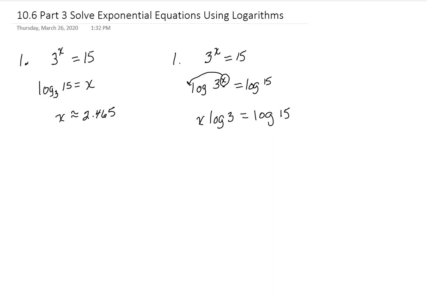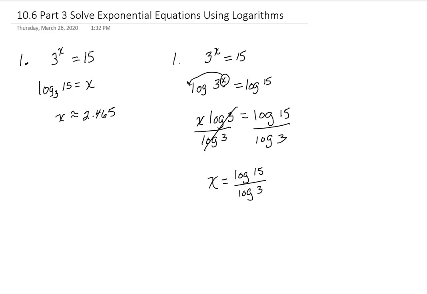When you have a number that's being multiplied by x, and you want to get rid of it, you do the inverse of multiplication, which is division. So I'm going to divide both sides of my equation by log 3. So this cancels. So x is log 15 divided by the log of 3.